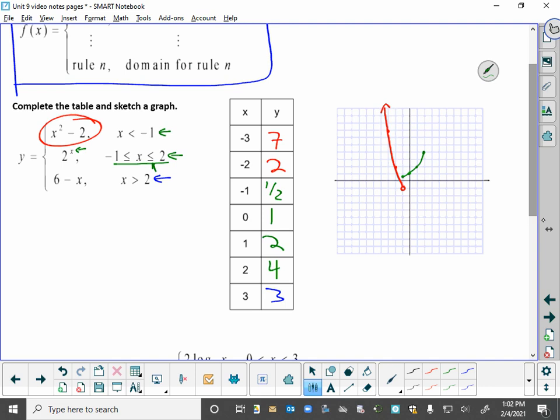And then I've got the point 3, 3 from the other one. So 3, 3 is right here.